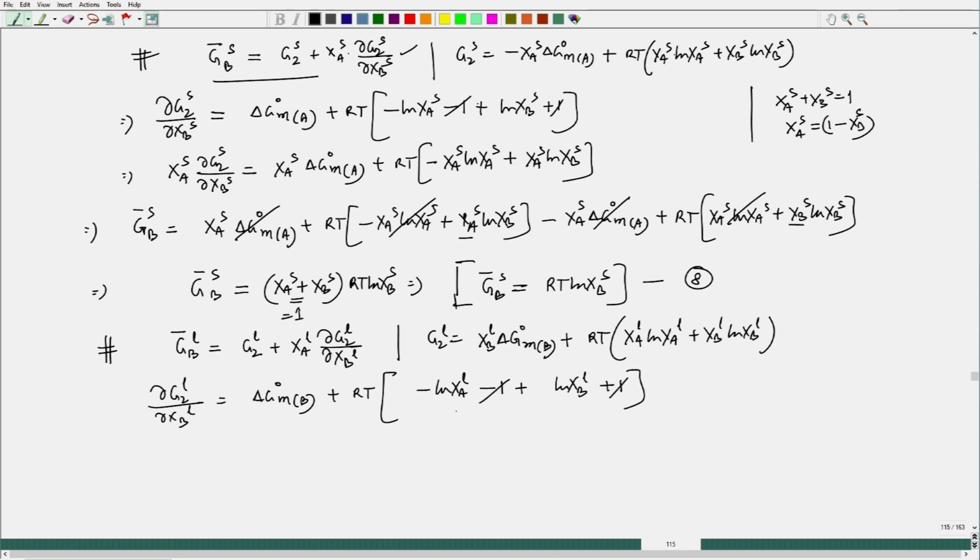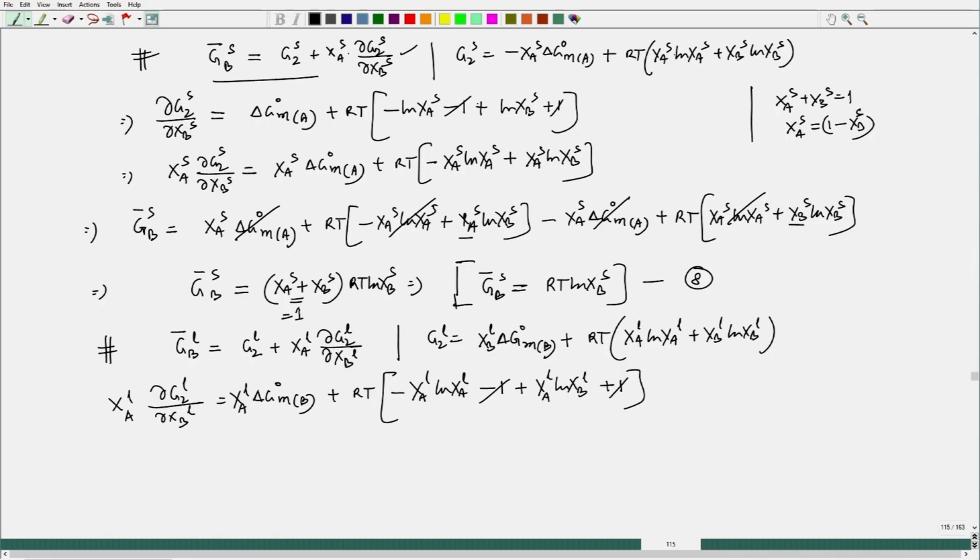So this would get cancelled. Now if I multiply with XAL, this would be minus XAL, and here also XAL, and this is also XAL.